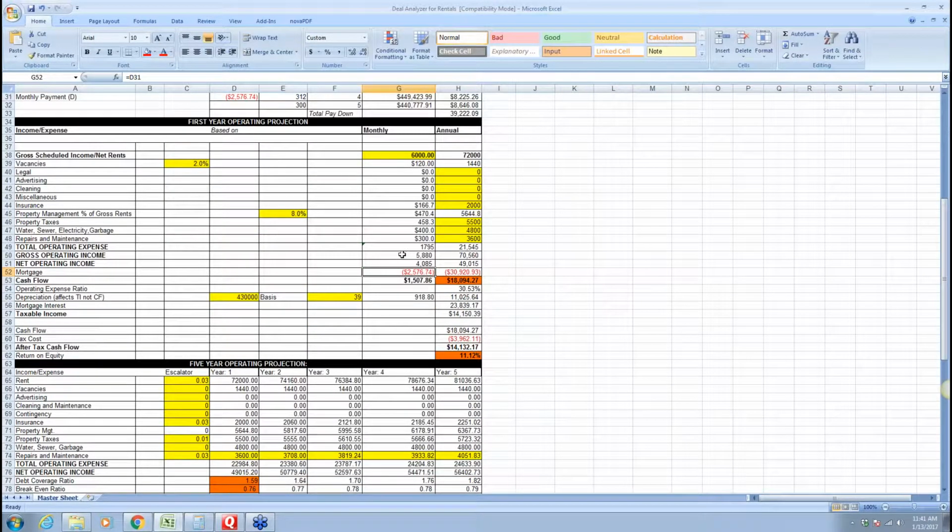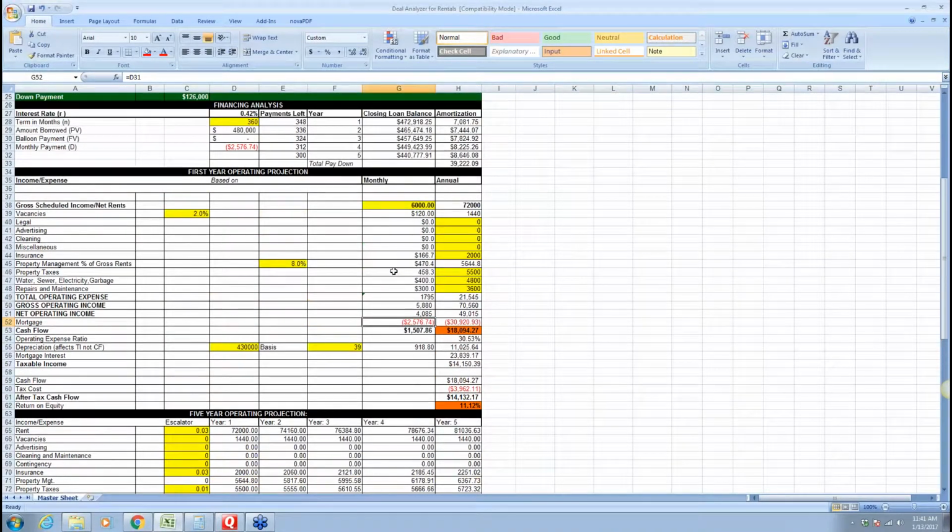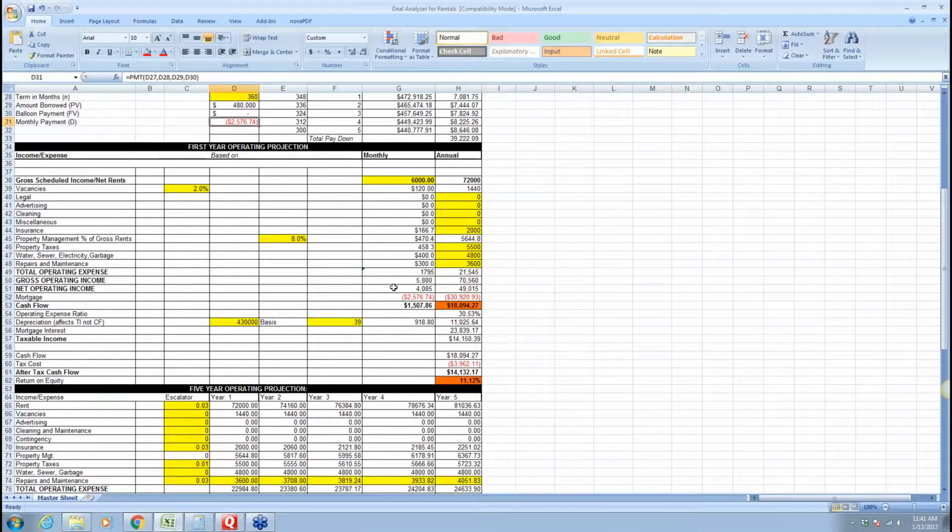And again, the mortgage is just over $2,500, which we did see earlier, above, when you start talking about the purchase entries. So factoring in the mortgage, at the end of the day, when all is said and done, your cash flow, which is right here, is just over $1,500 a month.